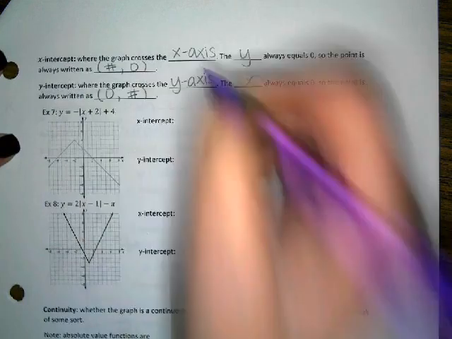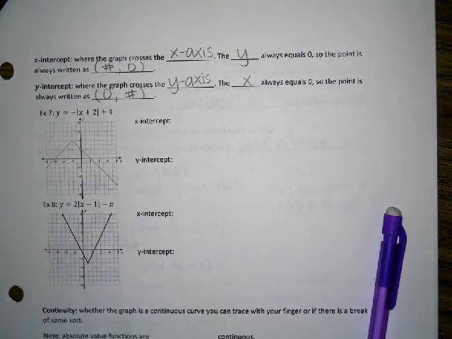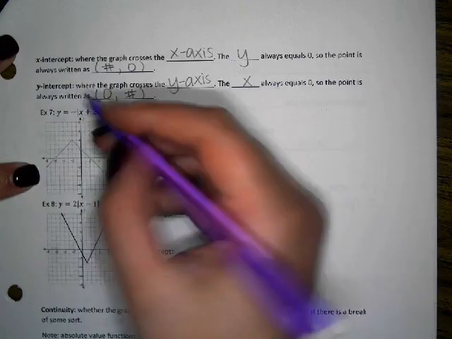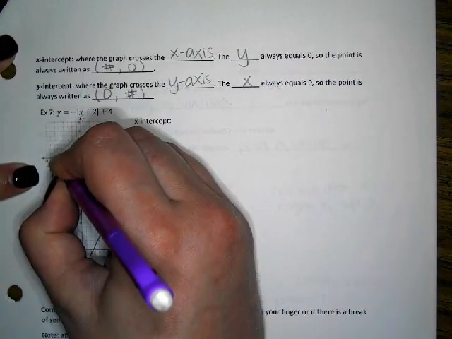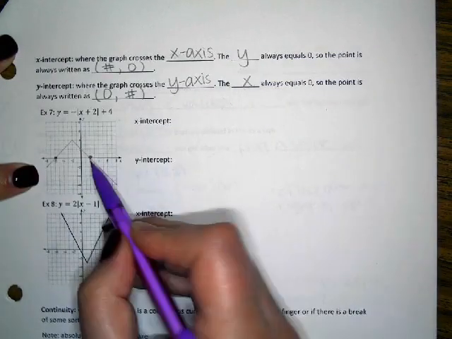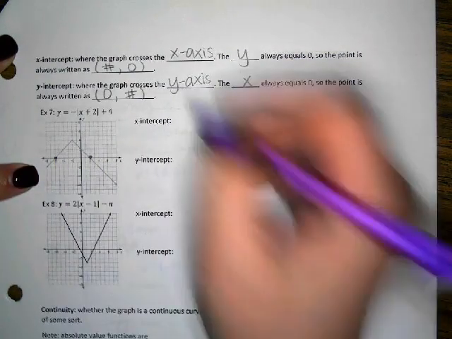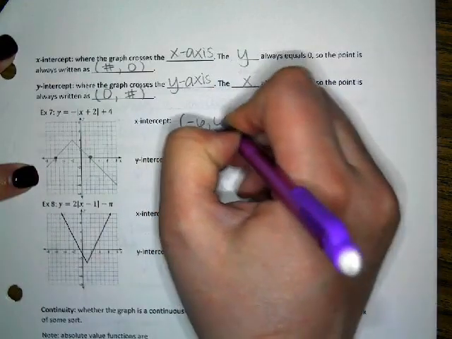So for example 7, they give us an equation. Now on this one, we don't really need Desmos. We can actually see what the x values for the x-intercepts are, here and here. We can see that the x-intercepts are at +2 and -6. So for the x-intercepts, I'm going to write (-6, 0), (+2, 0).